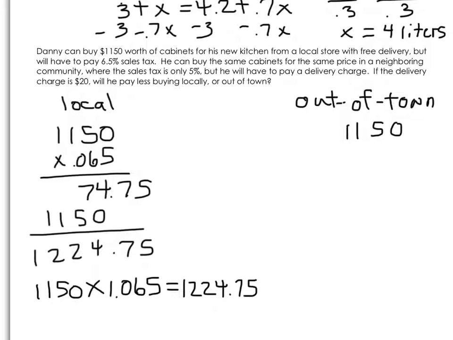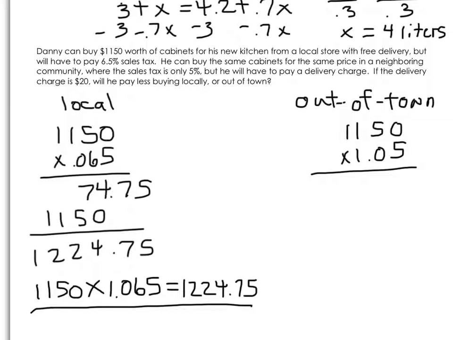It's 5%. Using our trick down here, what do we multiply? 1.05. The 1 will give us our original number again, and we will add 5% to it.